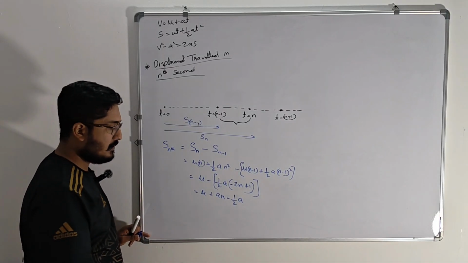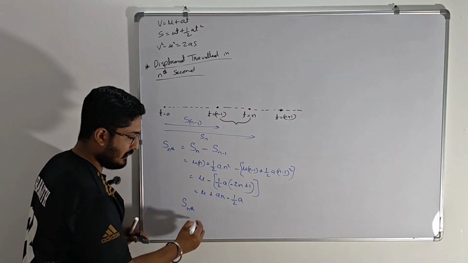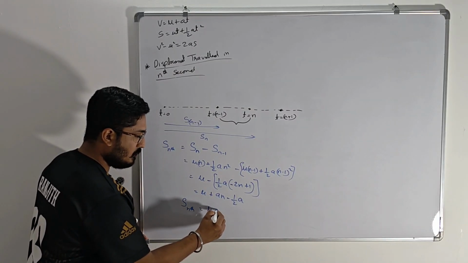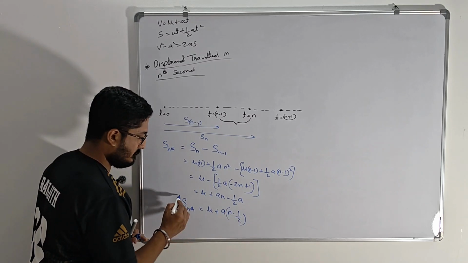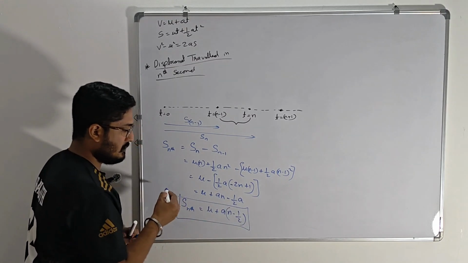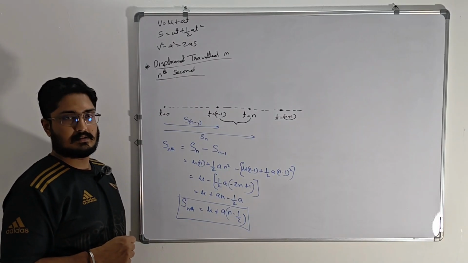This is what I'll be getting. So finally, the displacement in the nth second would be nothing but u plus a times (n minus 1 by 2). This is what we get as the displacement that has happened in the nth second.